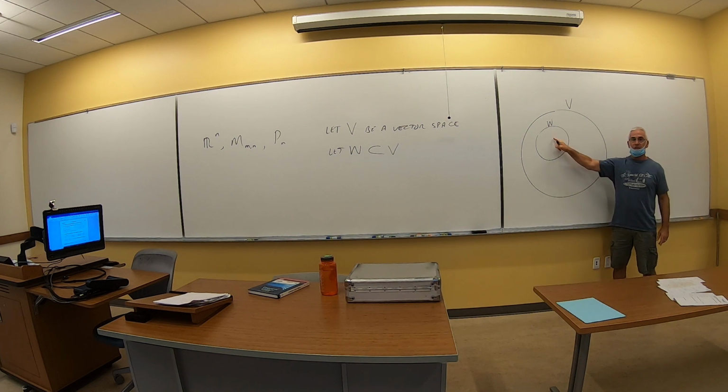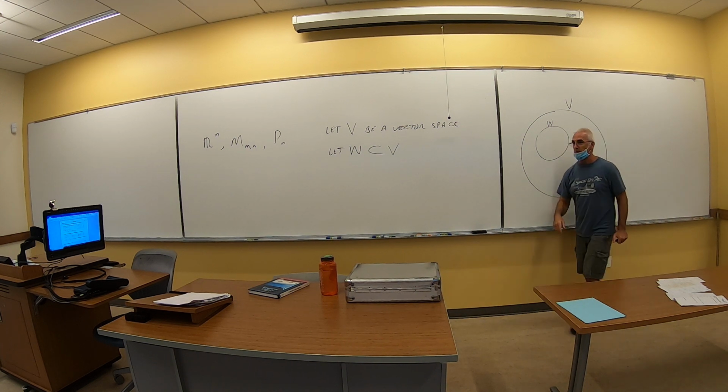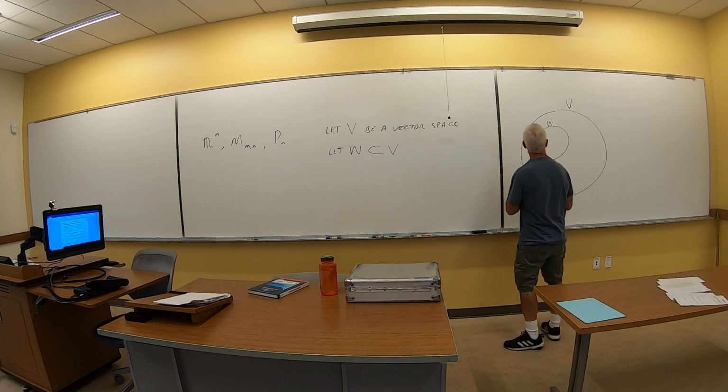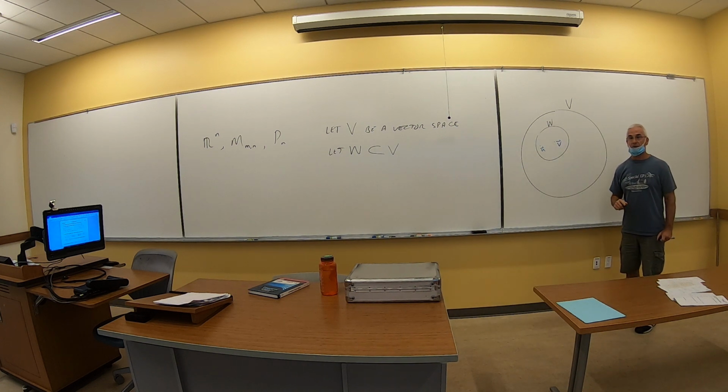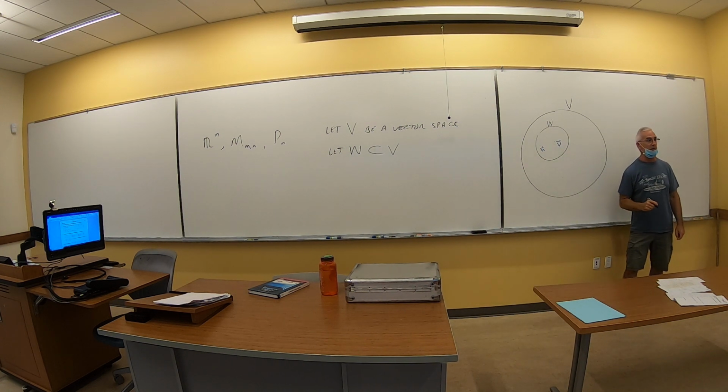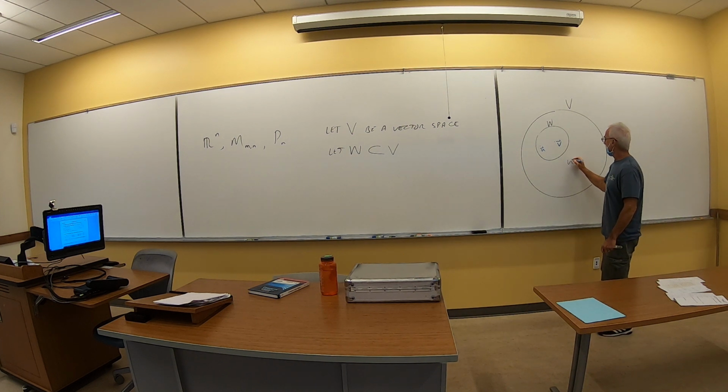The question is, if I grab any two elements in W, let's call that one U, and let's call that one V, and I'll use vector notation for this. Question is, where does U plus V live? Is U plus V in here, or is it out here?